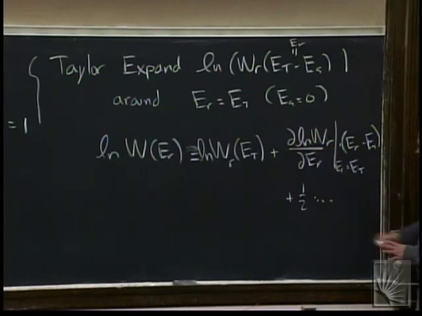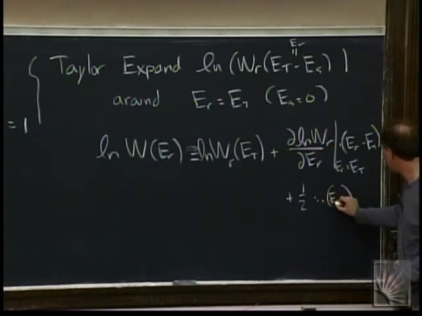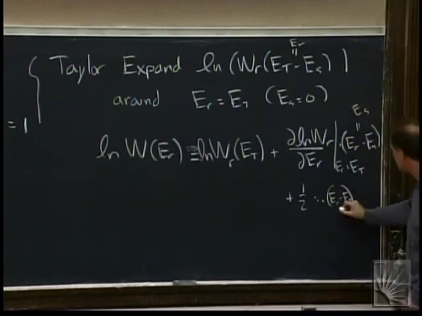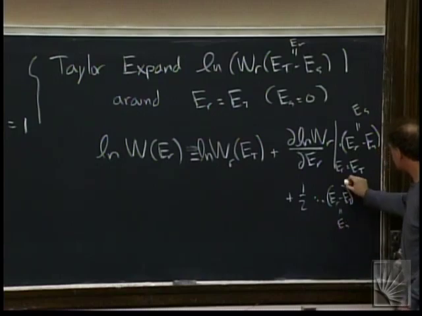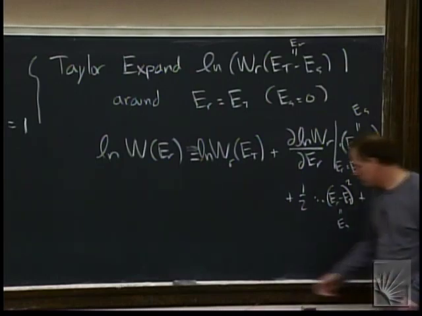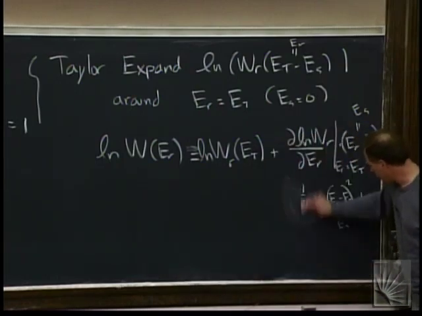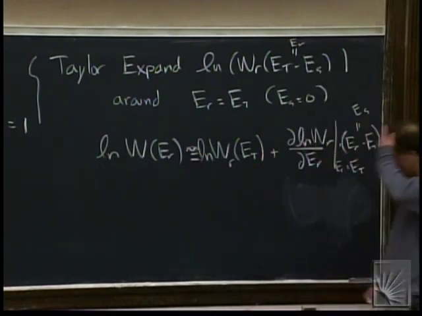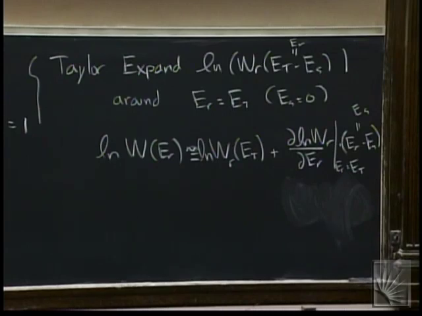Higher order terms in E_R minus E_T, which is, by the way, just E_S, so that's E_S squared, then there's a cube, those will be negligible. If I hadn't done the logarithm first, I couldn't throw out these higher order terms. And you'll just have to accept that. So if I erase that, because those are negligible, and I throw them out and put a twiddle there, that's the statement. Now look at this beast here.